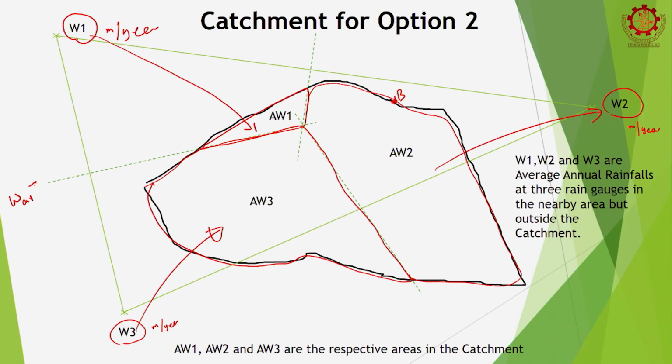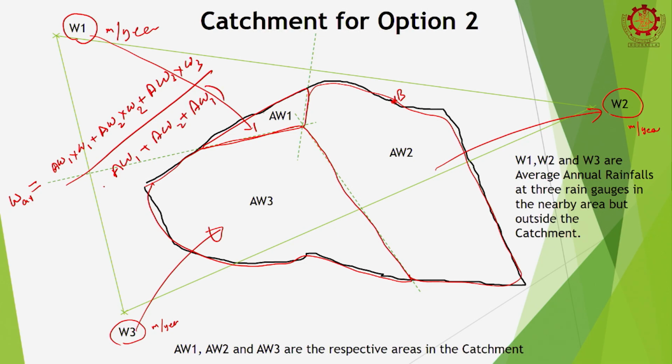Average rainfall is, right, water will come, this area is AW1, I have put square meters. So, AW1 into W1 plus area AW2 into rainfall in W2 plus area AW3 into rainfall W3 divided by the total area, which will give me the average rainfall that can be expected in the total catchment area, because I got 3 rain gauges.